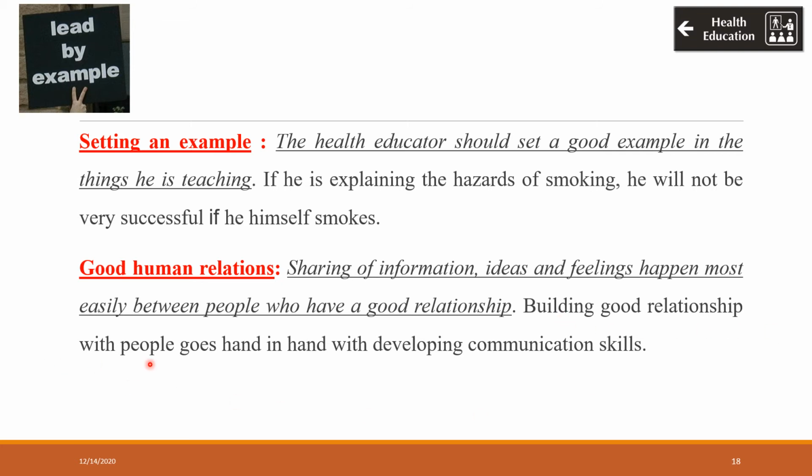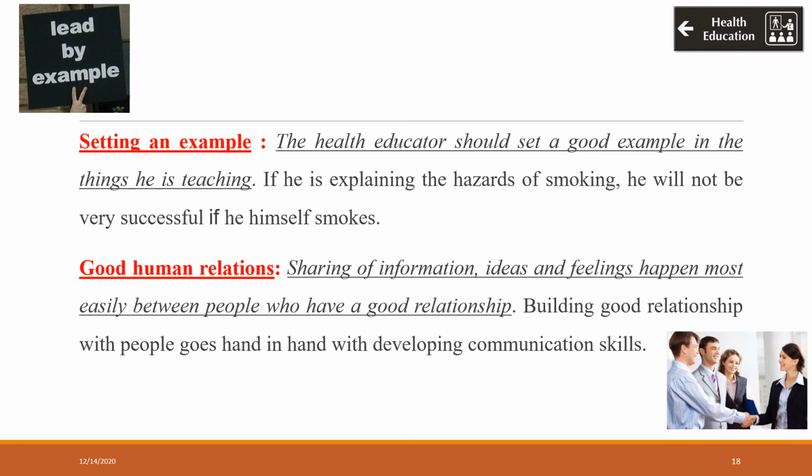Building good relationship with the people goes hand in hand with developing communication skills. For example, if I go and speak with you people and I am following all the healthy practices and you have very much respect towards me, then you will listen to me. So the health educator's role is to be a good human and responsible person.